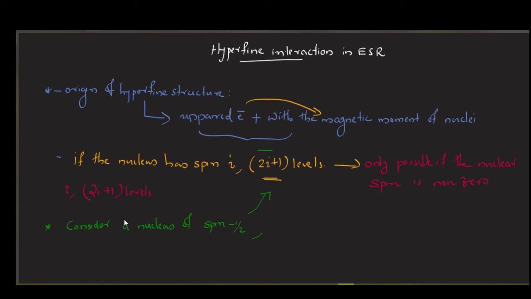Now for a spin half nucleus, the ESR spectral line will split up into 2 into 1 by 2 plus 1, which is equal to 2 levels. That is, each ESR line will split up into two.